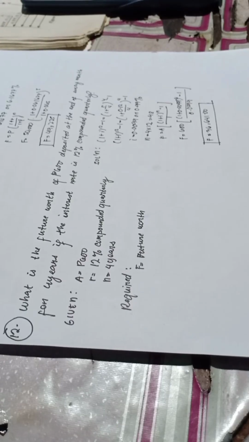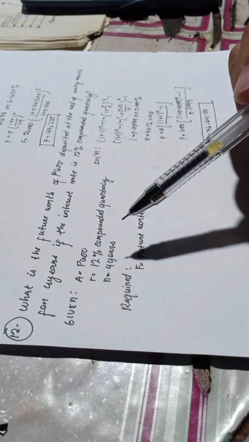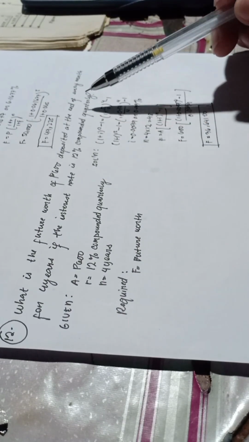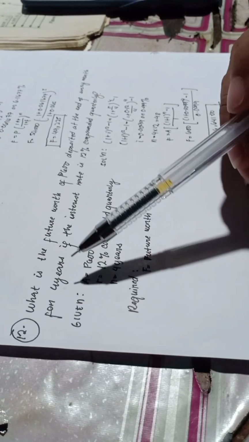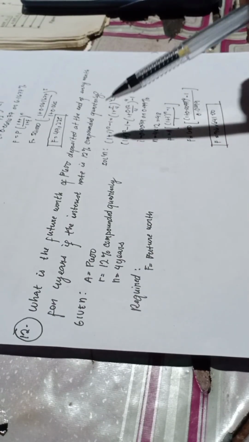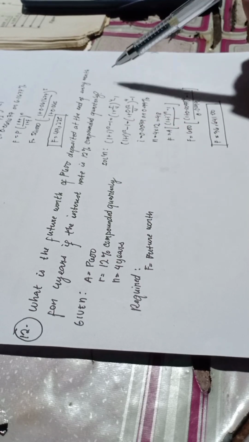So now let's proceed to problem number 12. What is the future worth of 600 pesos deposited at the end of every month for 4 years if the interest rate is 12% compounded quarterly?